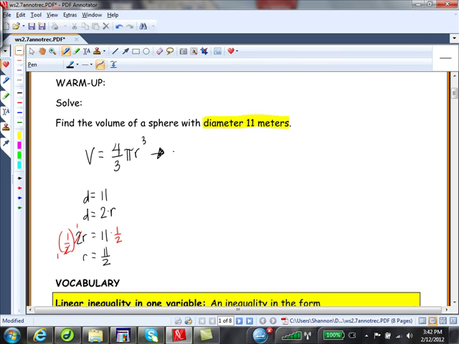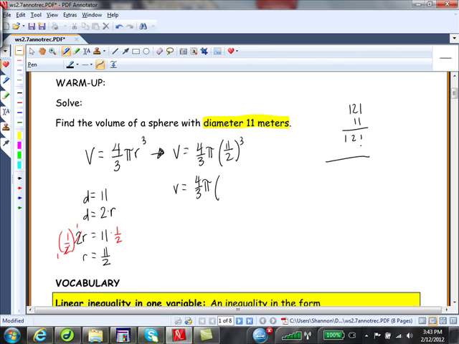So that gives us the volume will be 4/3 pi times 11/2 cubed. So this will be volume is equal to 4/3 pi times, now 11 times 11 I know is 121, times 11 more, we would get, oops, getting a little crazy here.